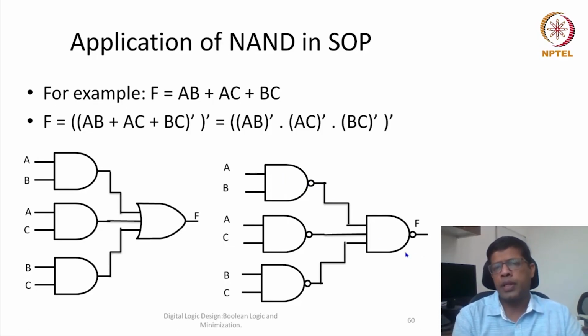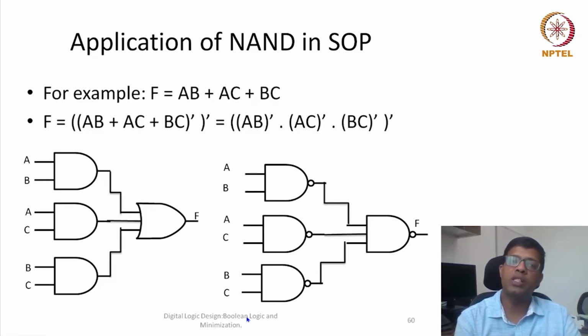Yes, correct. Here you have only the uninverted inputs. What if some inputs are inverted, let's say AB dash or AC dash or A dash B dash? Here we assume, as per our previous definition of cost, that the input literals are always available in both original form as well as inverted form.